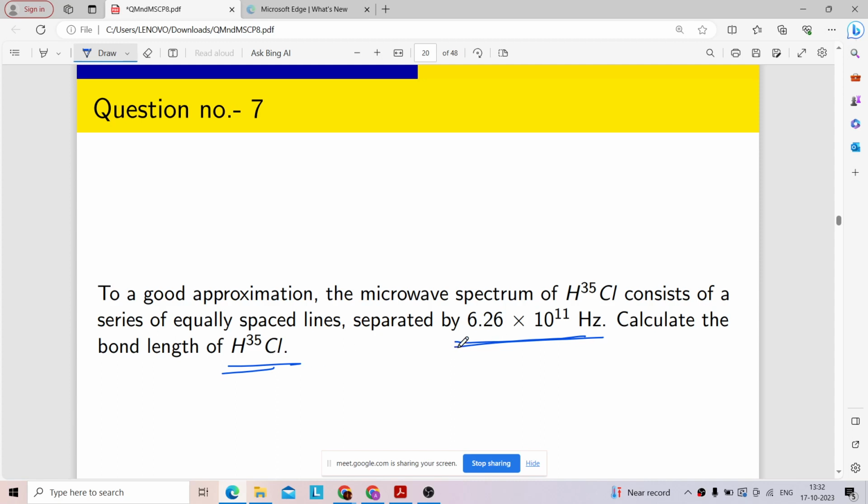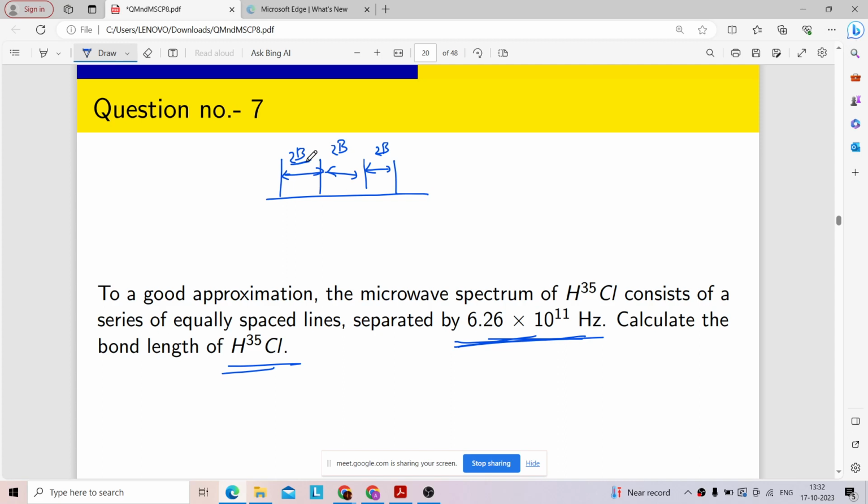What is given? The line separation is given. We know all the lines are equispaced and the separation is 2B, right? So 2B is given.